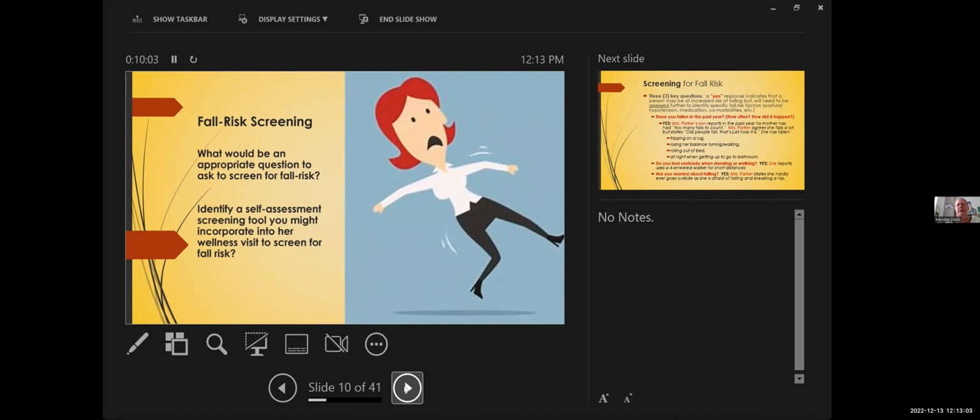And then can we identify a self-assessment screening tool you might incorporate into her wellness visit to screen for fall risks? So any other questions you would use for screening of falls that you use in your practice?